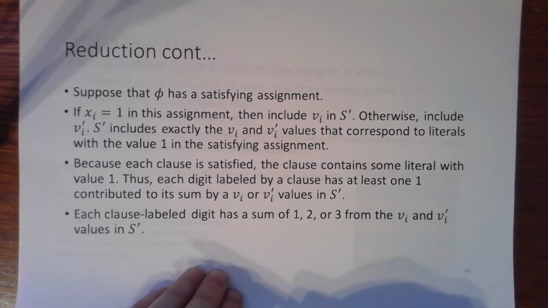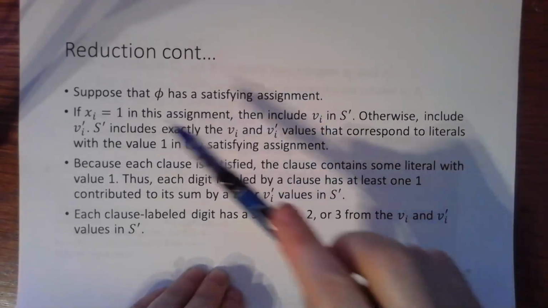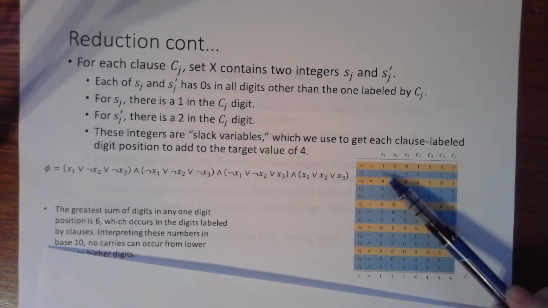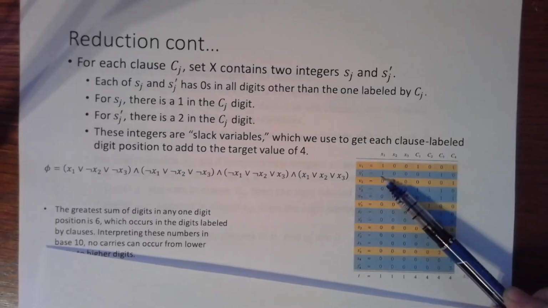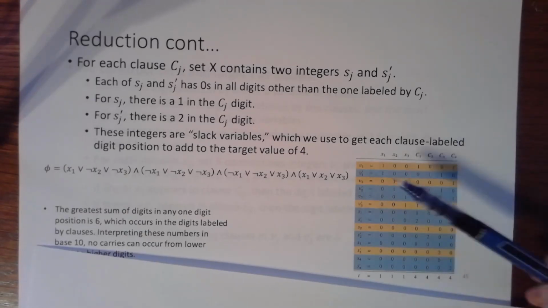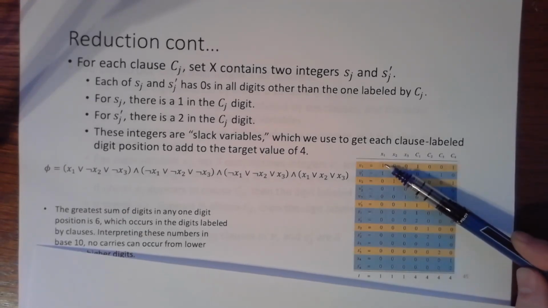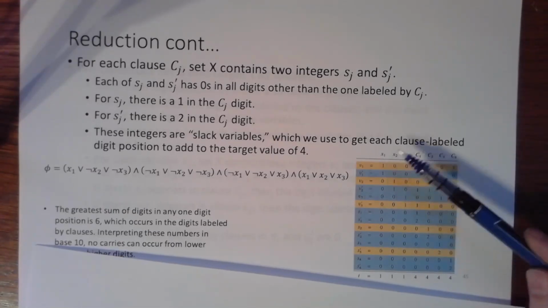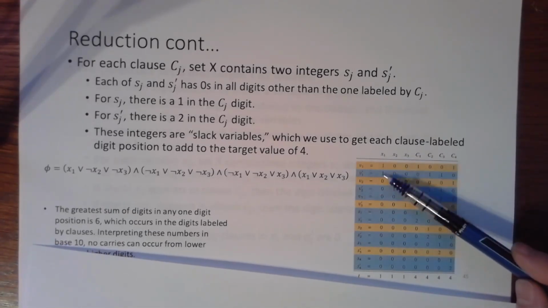Well, then we can't have both of these being 1s. Only one of them can be, because if we have a satisfying assignment, we can't have both a variable and its negation being true at the same time. Exactly one of those will be a 1.